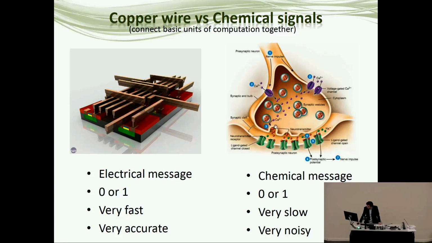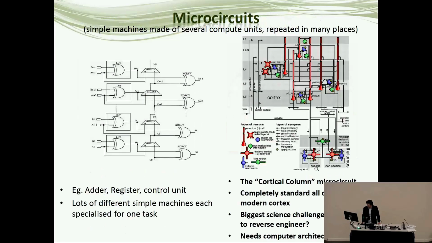The axon of this neuron will release some very small molecules which cross over the gap and they get picked up at the other end. So this is a purely chemical system. Again, it's a binary system. The connection's either made or it isn't. But unlike the copper, it's very slow and very noisy. It's amazing this works as well as it seems to do. In some people's brains, at least.